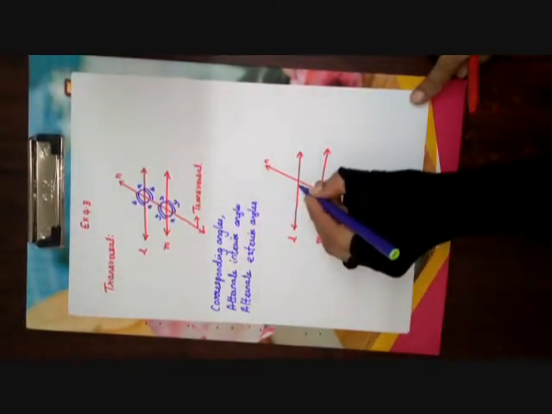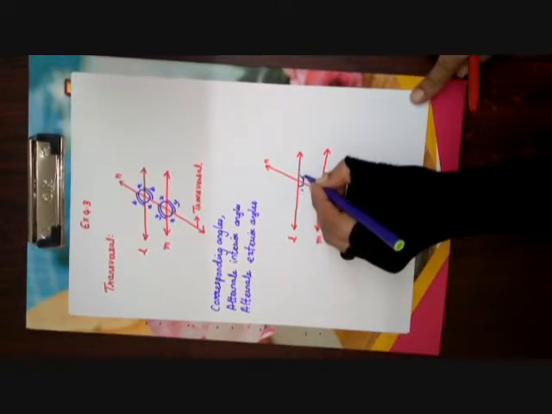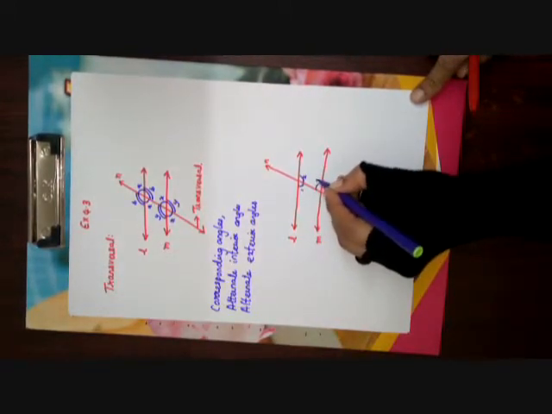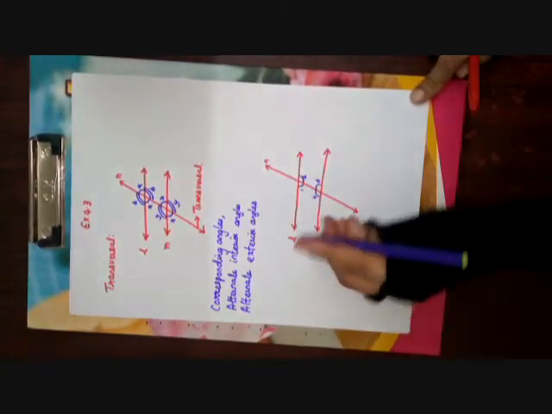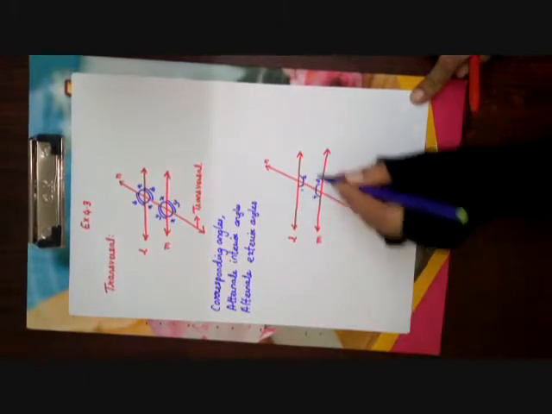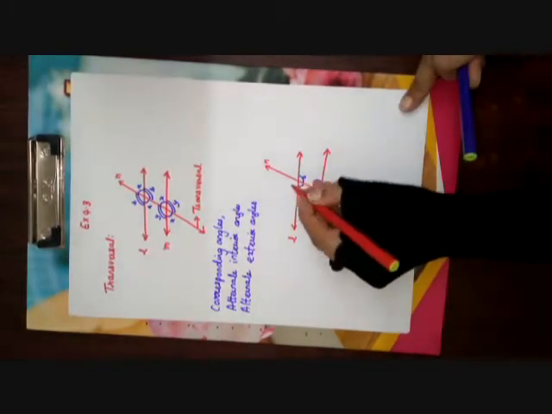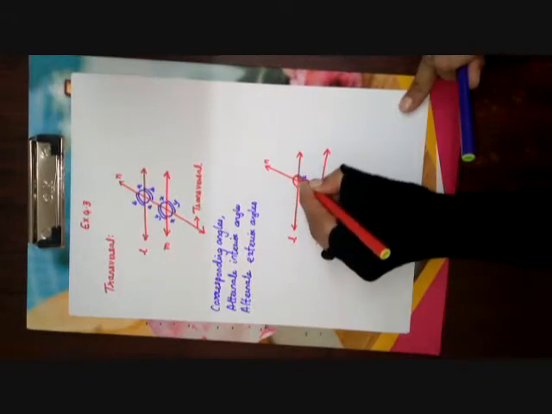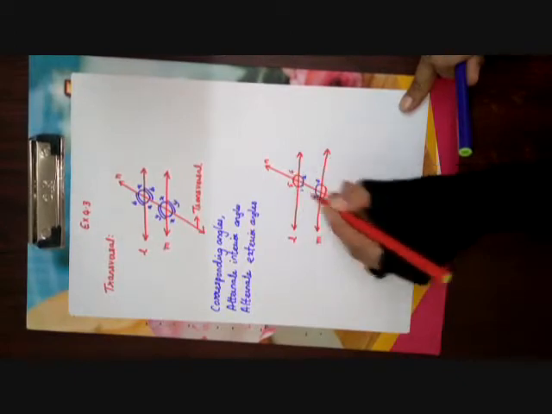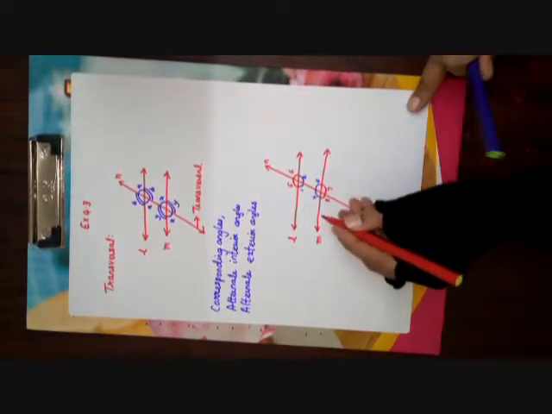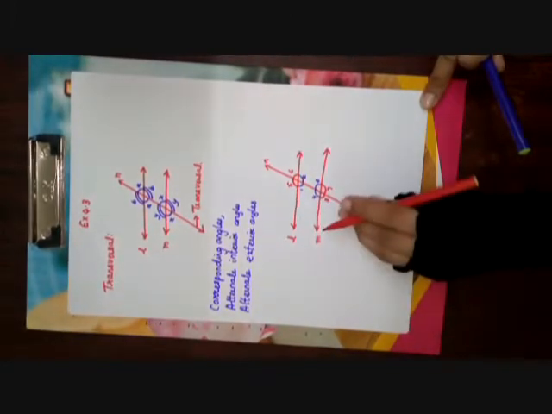Yes, these are interior angles: 1, 2, 3, 4. So angles 1, 2, 3, 4 are called interior angles, and then we have exterior angles, angles 5, 6, 7, 8. So we can see that there are 4 interior angles and 4 exterior angles.